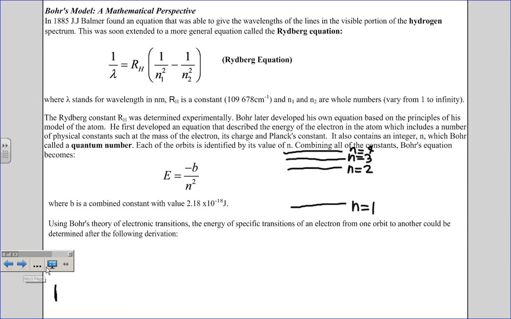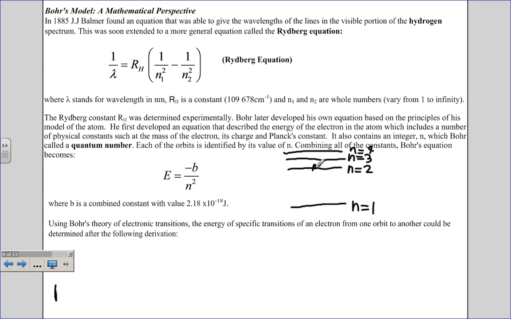Now what we're going to do is apply this understanding of the energy having a specific value depending on its distance from the nucleus, and we're going to apply it to Bohr's theory where the amount of energy that's released when an electron falls from one level to the next.